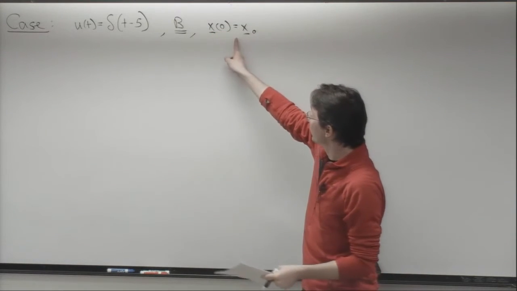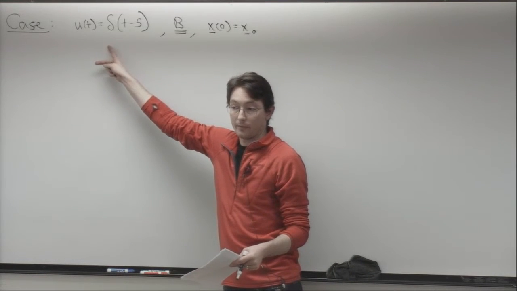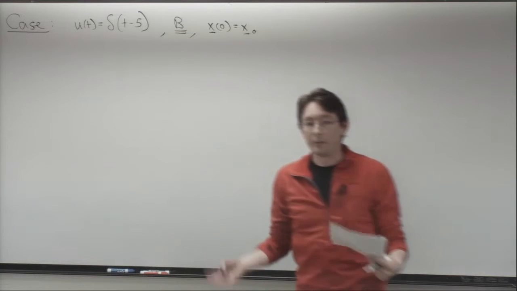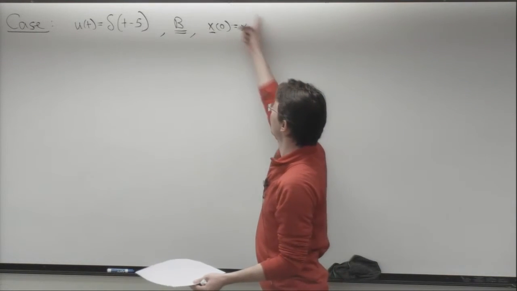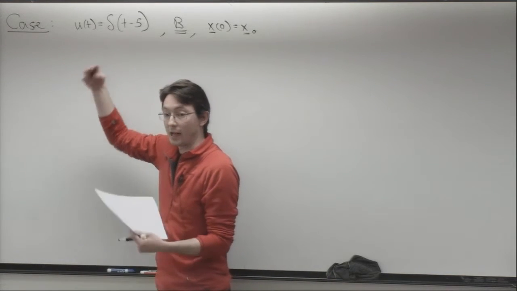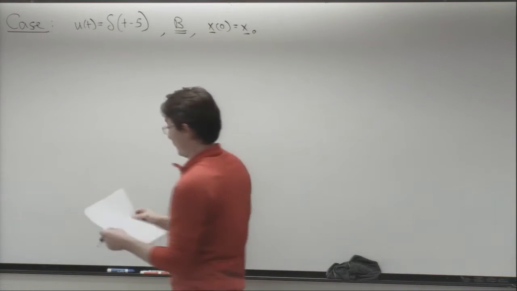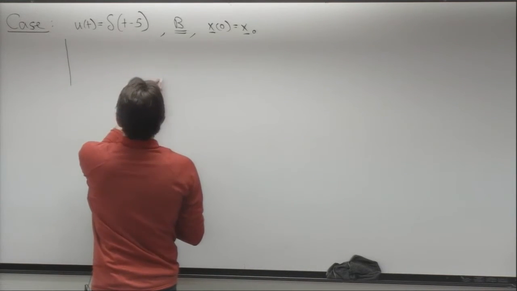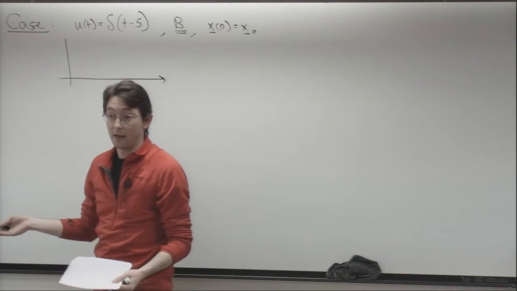So now I have an initial condition, and I have some impulsive forcing at time 5. If we have a linear system, we can just take the effect of initial conditions and the effect of an impulse at 5 and add the solutions together. This is kind of magical, but it totally works. It's actually not magic at all. It's just because our system is really simple and linear: x dot equals A times x.